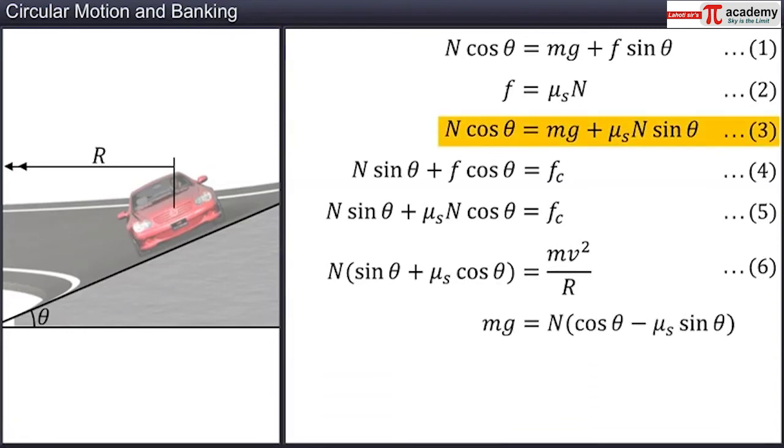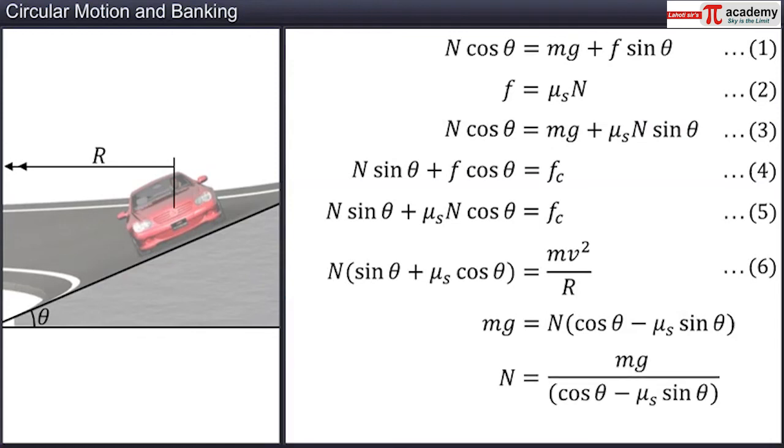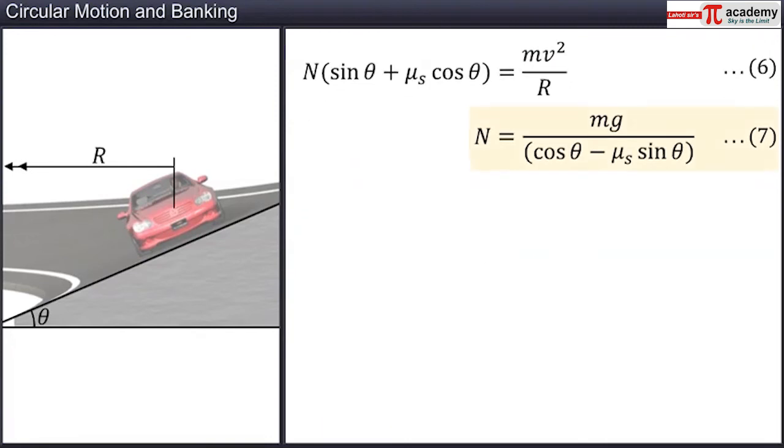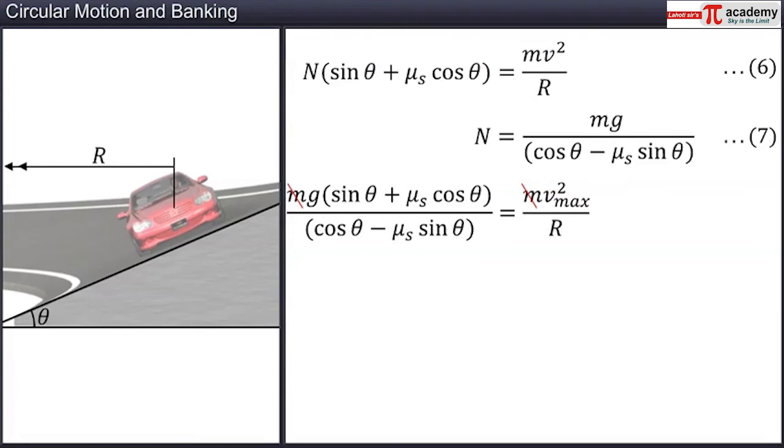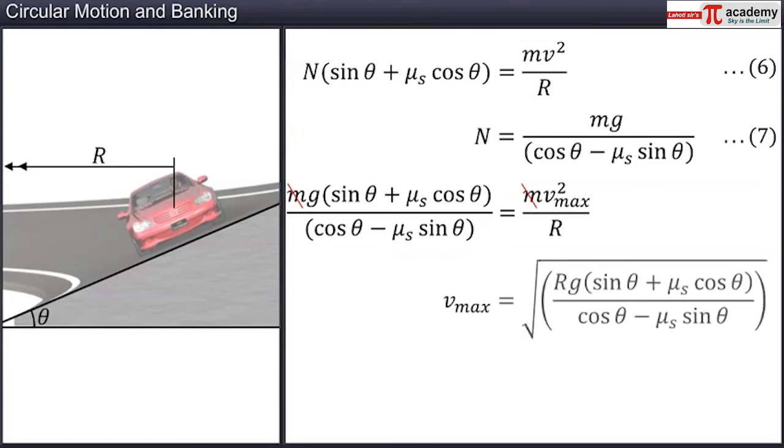From equation 3, N is equal to mg divided by cos theta minus mu s sin theta. Let us call this equation 7. Substituting equation 7 in equation 6 and solving, we get the maximum velocity, Vmax, as shown.